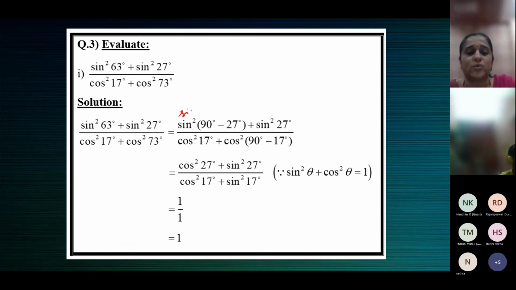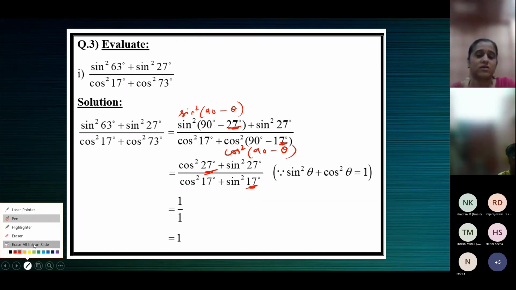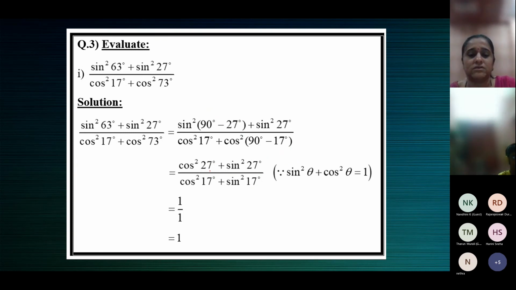This is like sine square 90 minus theta, which is cos square theta, so cos square 27. And in the denominator, cos square 90 minus theta is sine square theta, theta is 17, so sine square 17. So now numerator and denominator are like sine square theta plus cos square theta, which is 1. 1 by 1, which is 1.